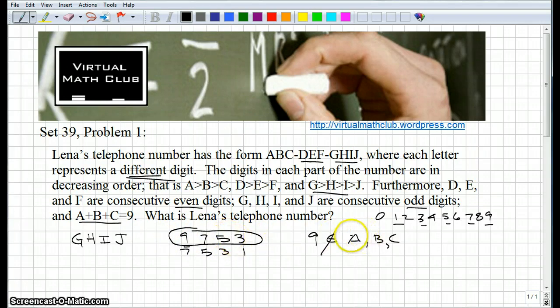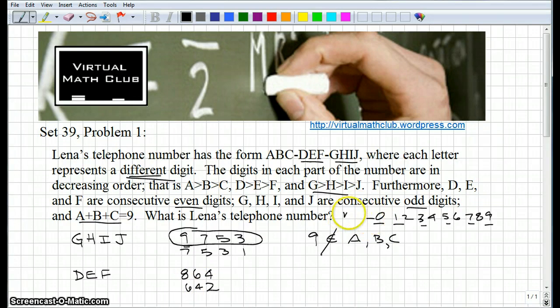And then we're told that D, E, F are all even digits and they're in decreasing order. So what are the possibilities for that? We could have 8, 6, 4. We could have 6, 4, 2. Now 0 is not even or odd.